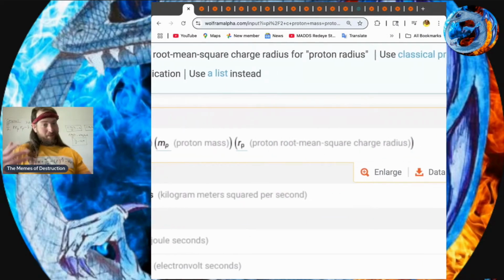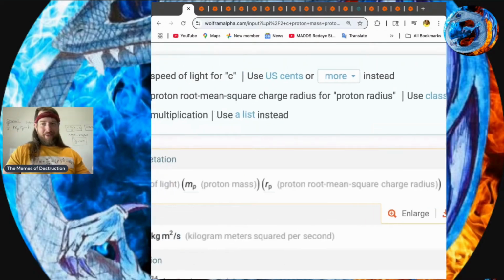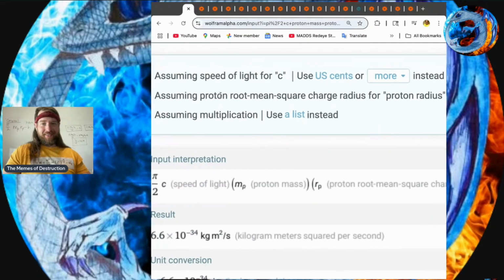Now, note, this is something that Wolfram Alpha helped me with, because we have an option up here. It says, assuming the proton mean square charge radius. Okay, that's generally what we refer to as the radius of the proton. And there was a big thing where we thought it was about 8.7 or so femtometers, or 10 to the minus 16, whatever magnitude that comes out to be.